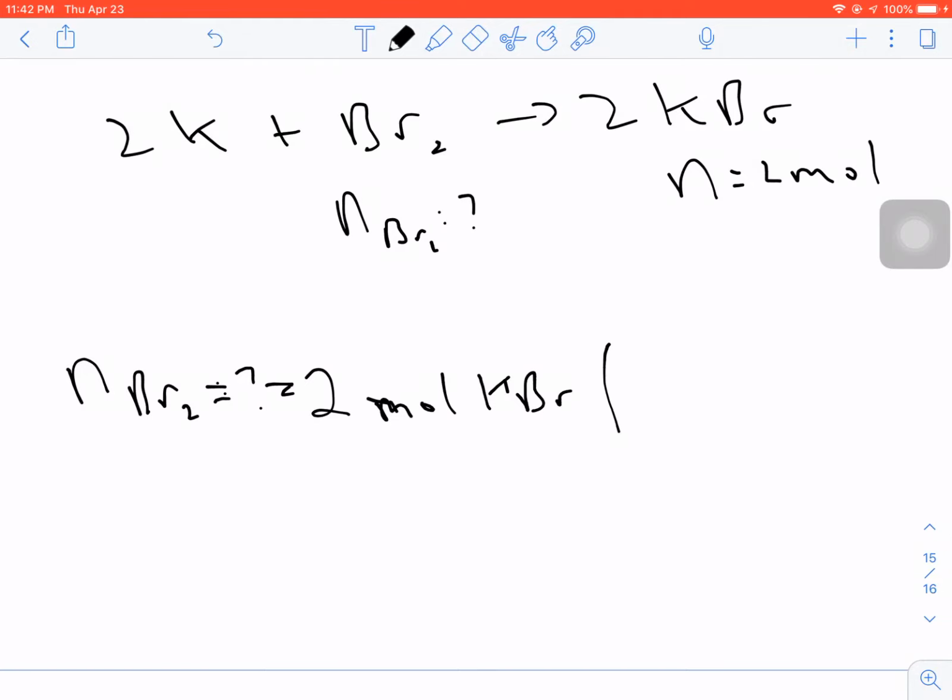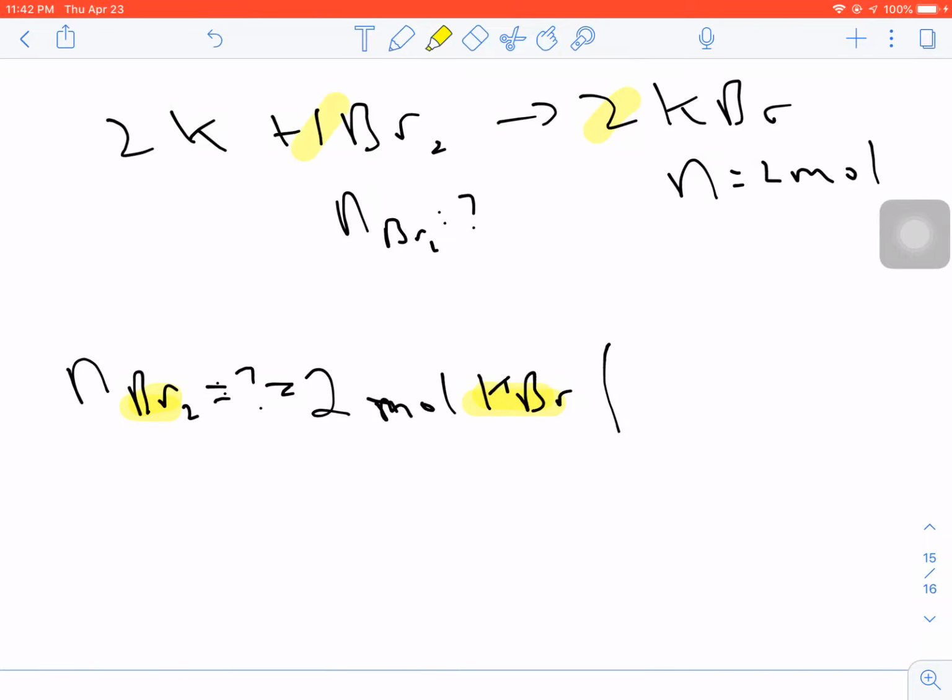The mole ratio says I'm trying to solve for Br2, and I know the number of moles. My unknown is Br2 and my known is KBr. So I'm going to look back at my balanced equation. What was the number in front of KBr in the balanced equation? It was a 2. What was my number in front of Br2? It's a 1, right? We don't write ones, but it's a 1.